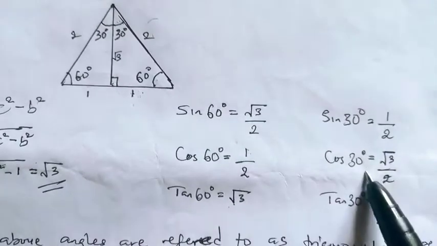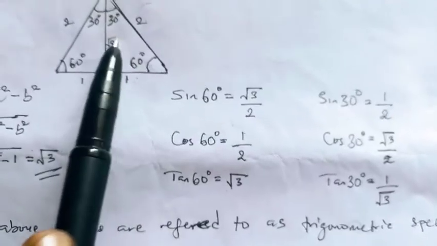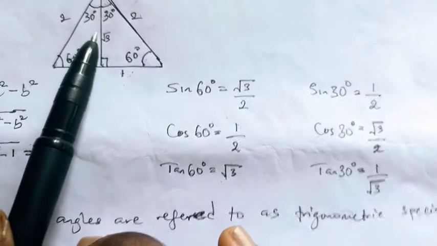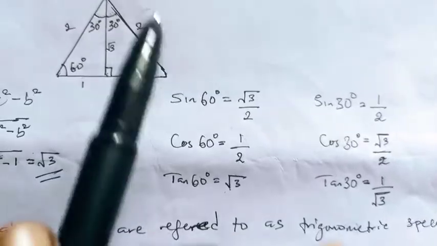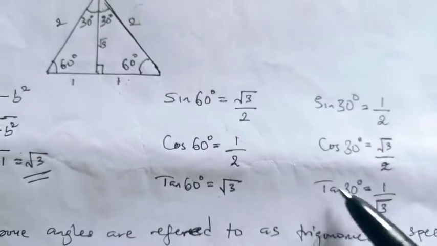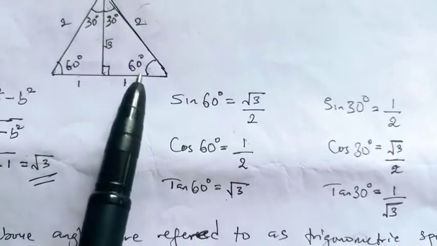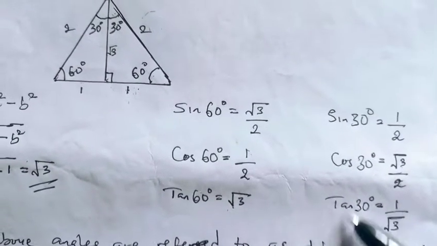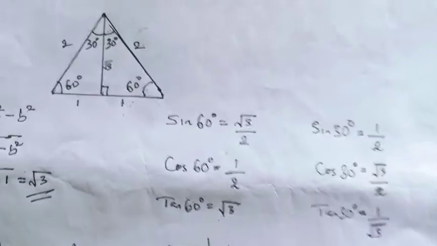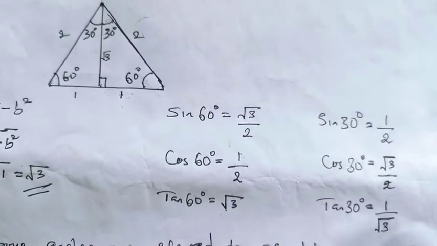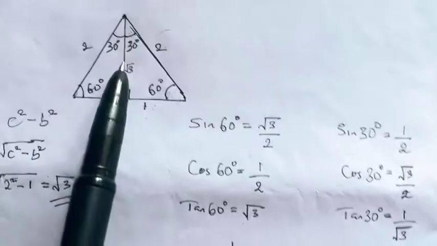While for my cos 30 degree, it is simply square root of 3 over 2, which is the adjacent over the hypotenuse. And my tan 30 degree is simply the reciprocal of my tan 60 degree, and that is what we have seen here, which is opposite over adjacent.